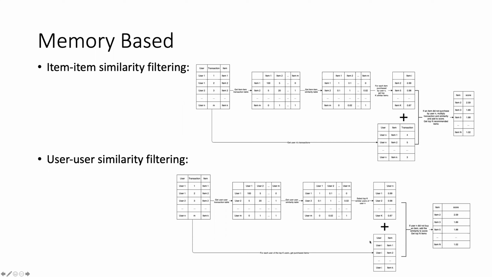So for user I, we get his or her K similar users, then for each of those users we get their purchased items, multiply, and group by item, summing the user similarity score for each item.